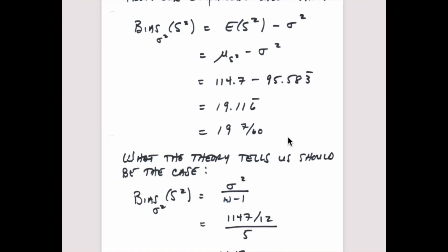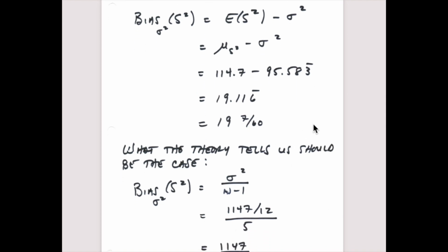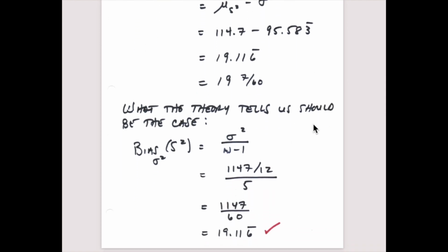Okay, what does the theory tell us that the bias should be? Well, according to the theory, the bias of S squared as an estimator of sigma squared is equal to the population variance divided by cap N minus 1, the size of the population minus 1. That's 1147 over 12, over 5, right?